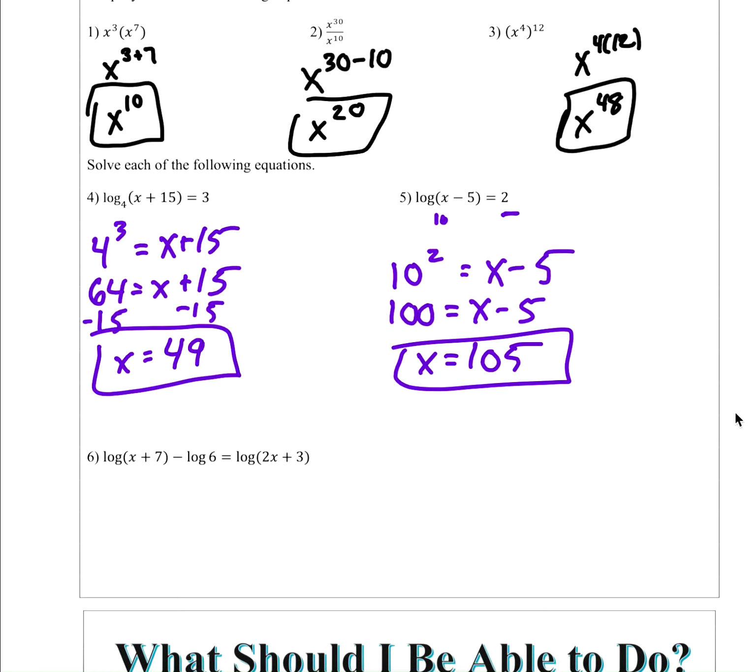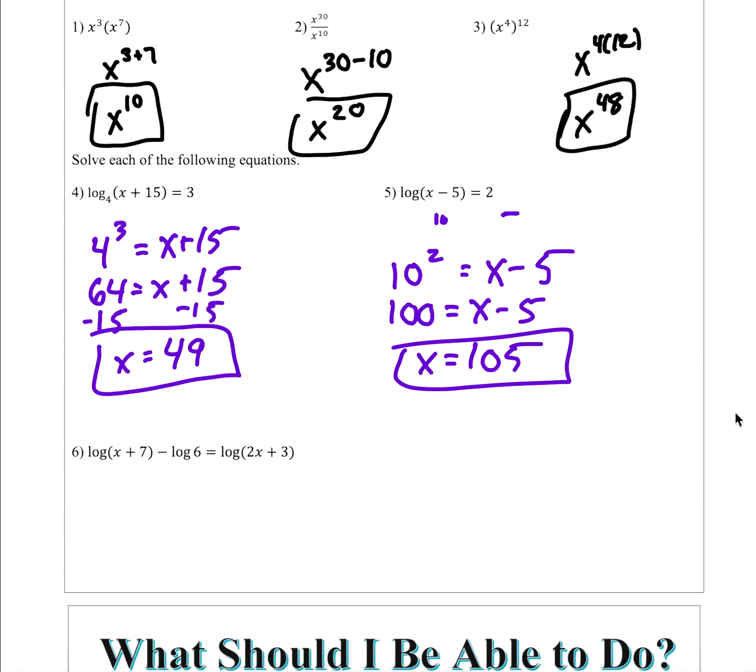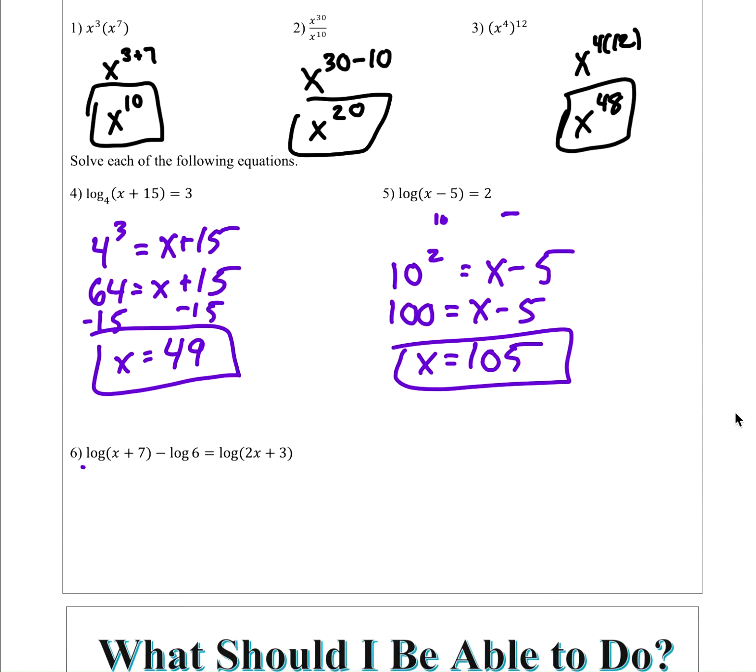So if you look at 6, you see how we have 2 logarithms on the left side here. We're going to want to condense that into one logarithm, and then it's going to be much easier to solve. So that's what we're learning today. We're learning how to condense multiple logarithms into one logarithm, and that's going to help us solve logarithmic equations, which is going to be down the road.